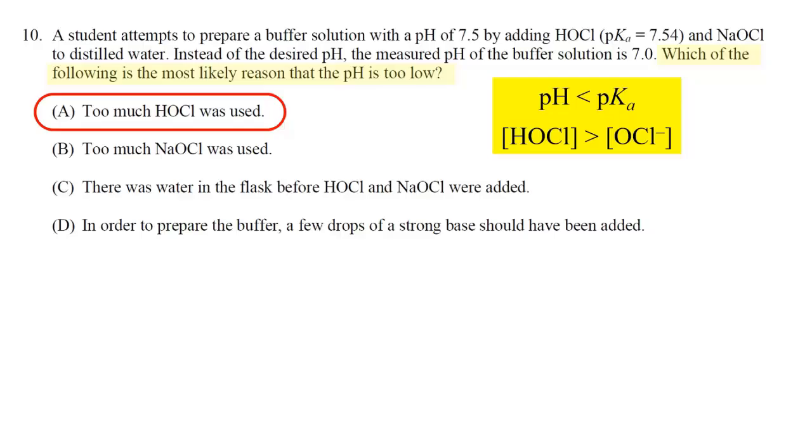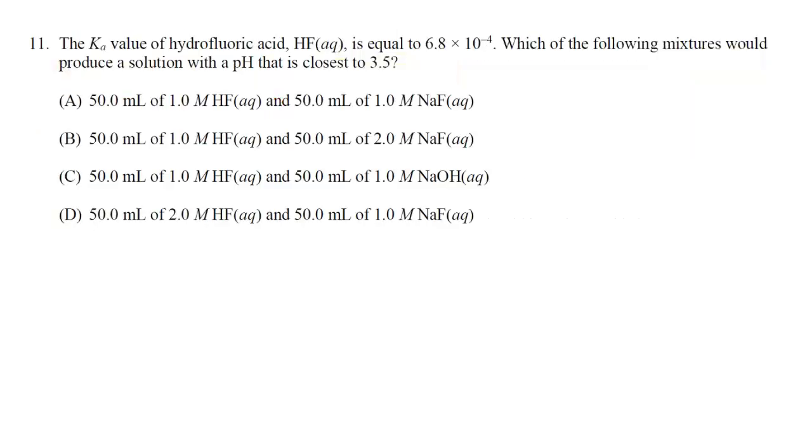And then choice D is also incorrect because there's no requirement that a few drops of a strong base are added. To prepare this buffer, we can simply mix the weak acid and its conjugate base, but a few drops of a strong base are not required to prepare this buffer. So pH is too low, too much of the weak acid, HOCl. Correct answer to question 10 is choice A. Now let's take a look at question 11.